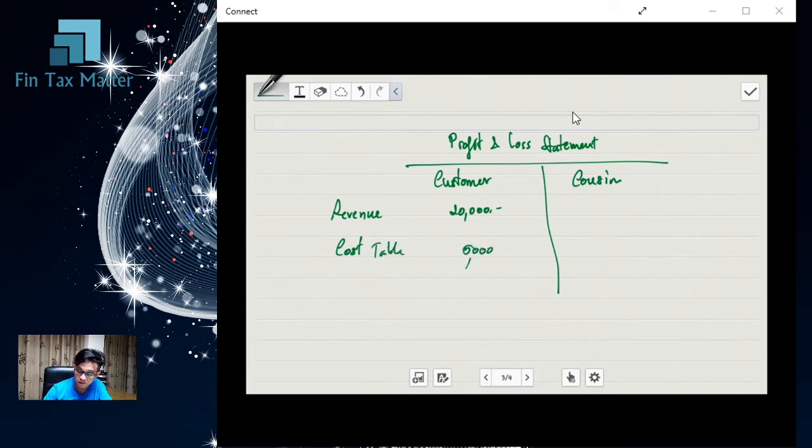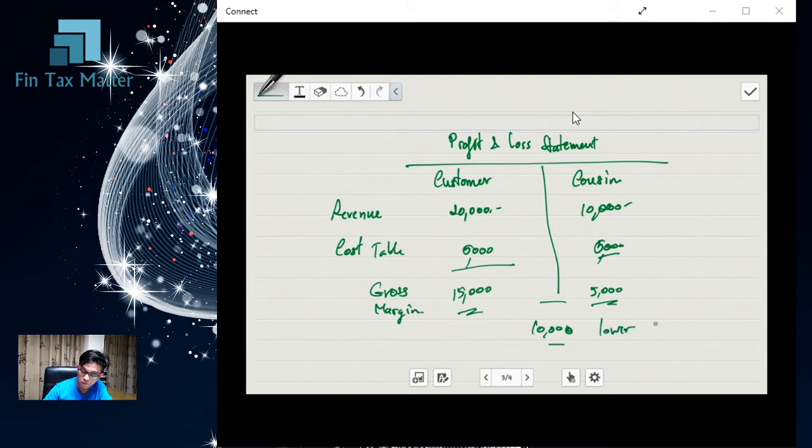So they will have a gross margin of 15,000 baht. But when they sell to the cousin at 10,000 baht, the cost is still 5,000, so the gross margin will be 5,000 baht. You can see the difference of 10,000 baht in lower profit, right?